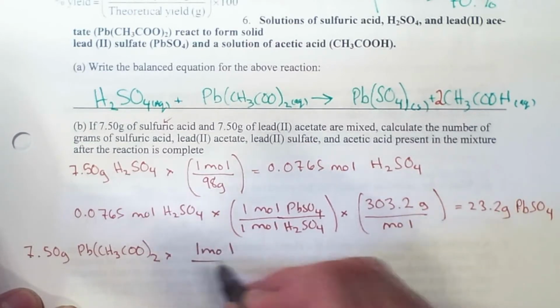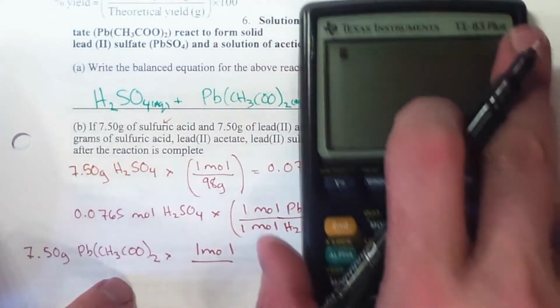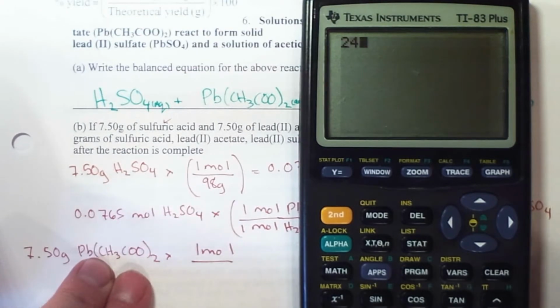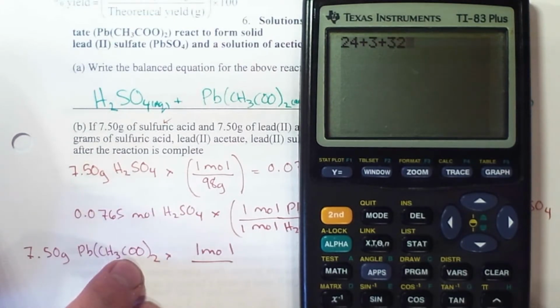So 1 mole of lead acetate is going to be equal to, so we'll just do the acetate by itself. So 2 carbon is 24. Just doing the acetate by itself right now. 3 hydrogens plus 2 oxygens.